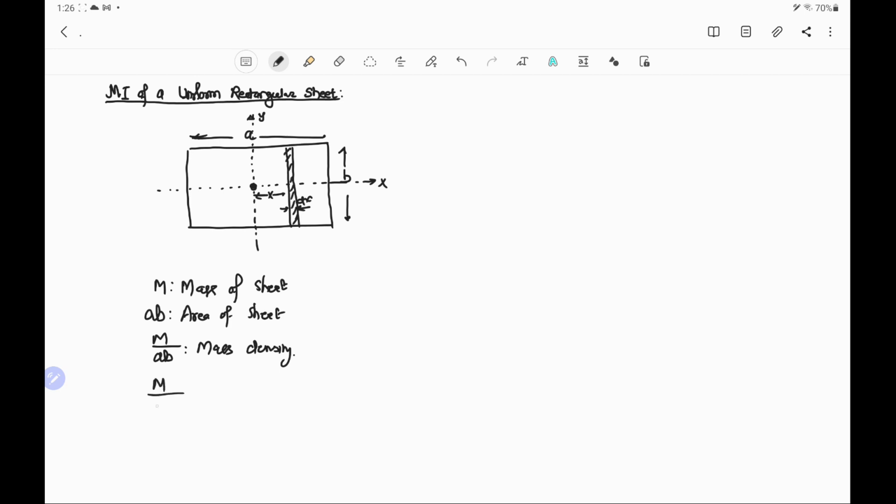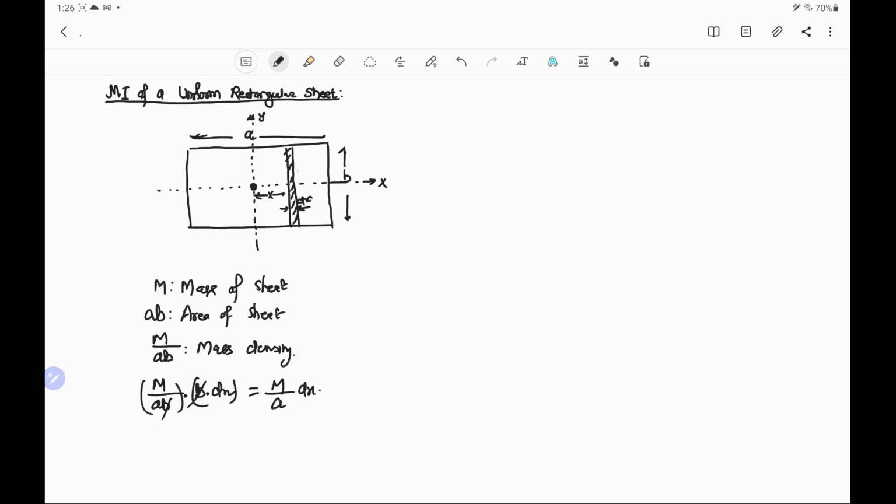Then the mass of this strip will be m/AB, this is the mass density, multiplied by the area of this strip. Its length is b and its width is dx. So this is the area of the strip, and on solving we will find that the mass of this strip is (m/a) dx.